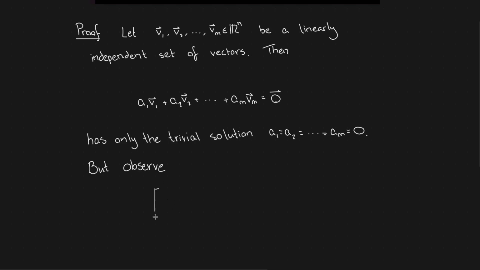So let's consider the coefficient matrix, which is made up of the vectors v1 to vm.